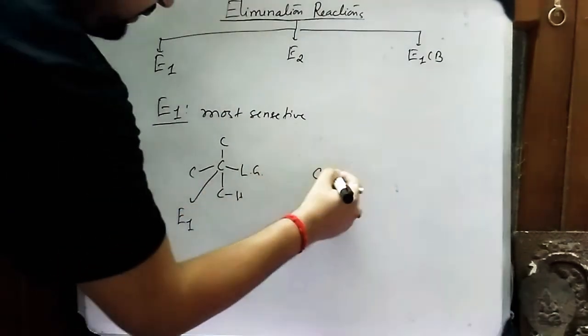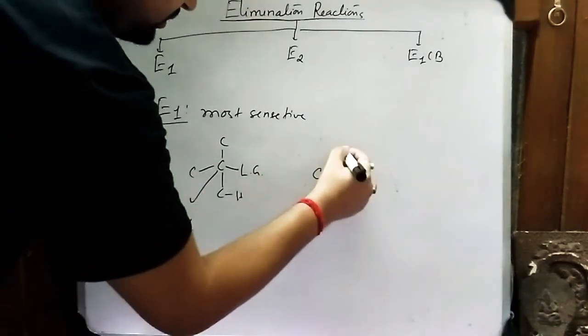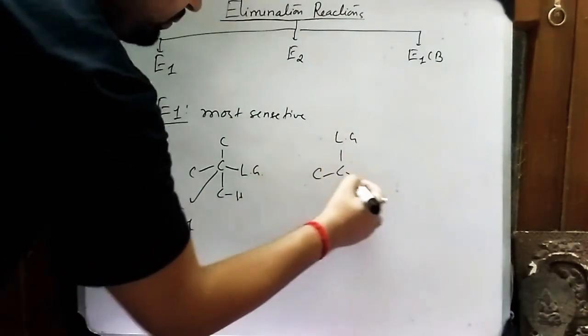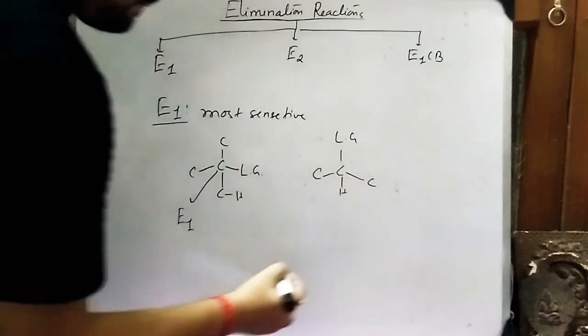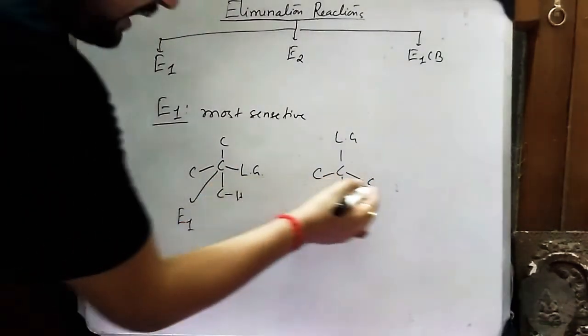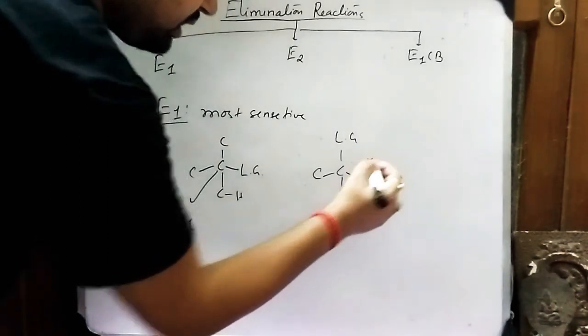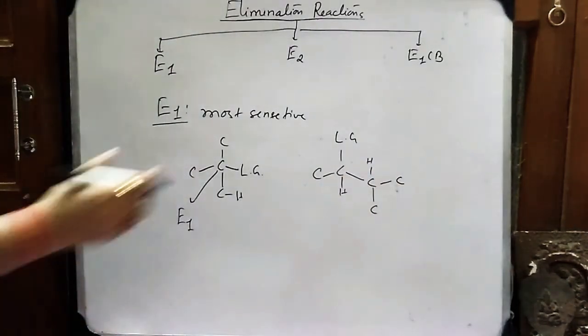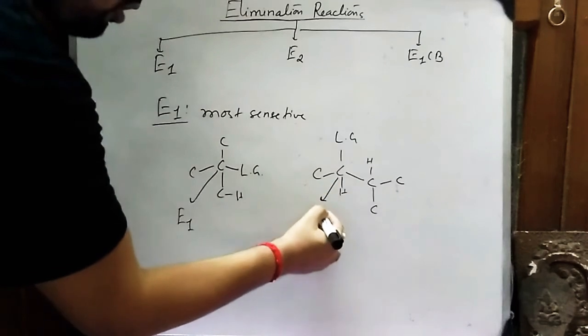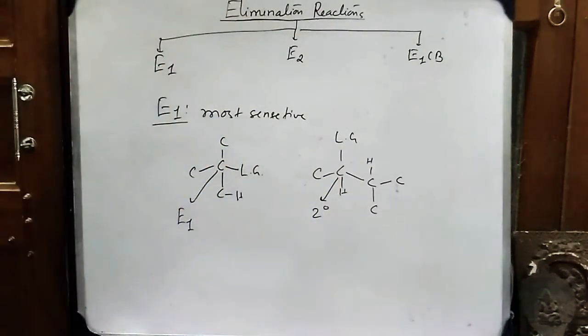And if the carbon attached to a leaving group is secondary, then it must be attached to a carbon which is tertiary in nature. So these two forms are very important for becoming a reactant in the E1 reaction.